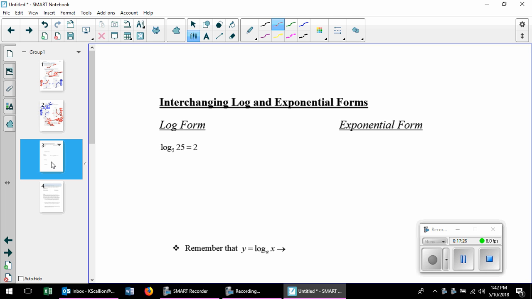All right. So I've given it to you in logarithm form. I want you to put it in exponential form. Easy. Okay, Carson, I'm going to ask you, what's the base? Yeah. The base is 5. So if it's the base on the logarithm, it's the base on the exponent.